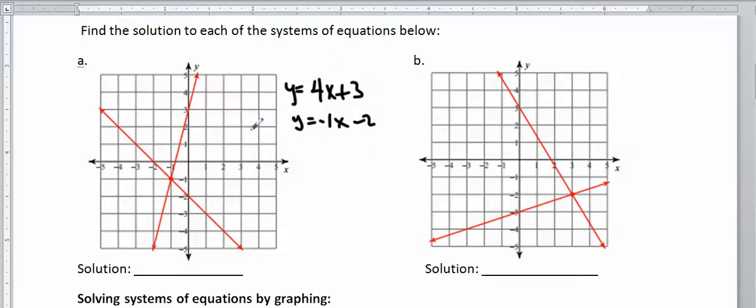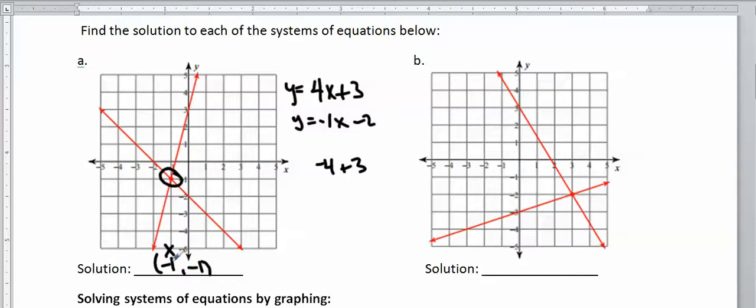So the solution to these two equations, so remember, these two lines represent these two equations right here, y equals 4x plus 3 and y equals -1x minus 2. The solution is where they both cross each other. So they intersect at x = -1, y = -1. Okay, so if I plug this x into the first equation, I'd get -4 plus 3.